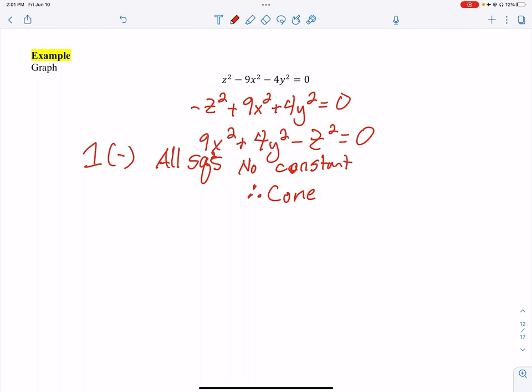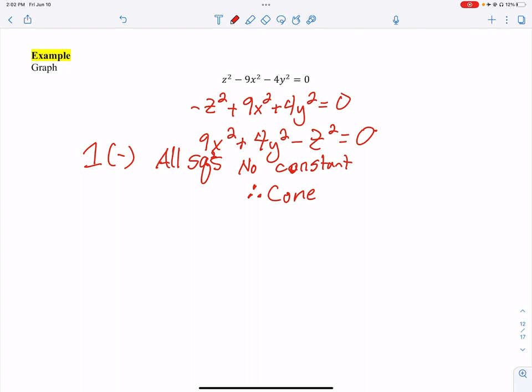I'd like to put it in standard form. Now I don't know what to divide by, because I don't want to divide by 0 this time. Like we used to, we'd divide by what was over there. But now I just need to divide by something to make it look like that standard form. So you want to divide by the least common multiple, a multiple of all 3 numbers.